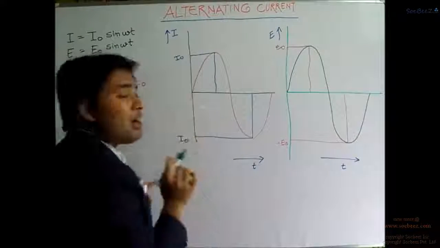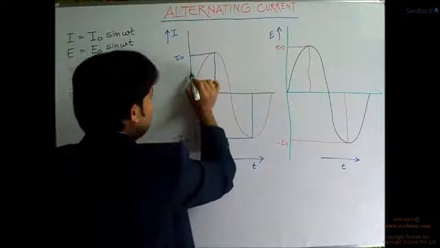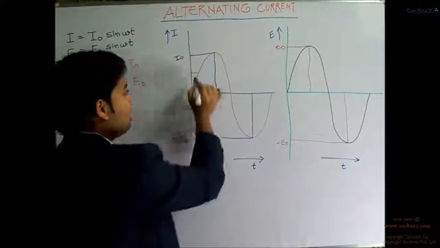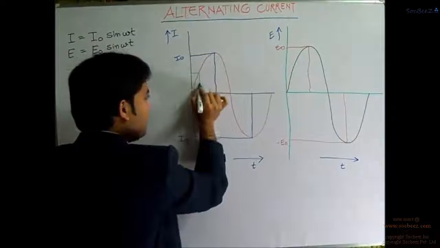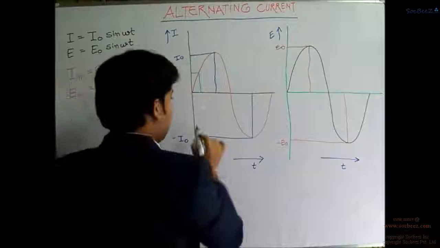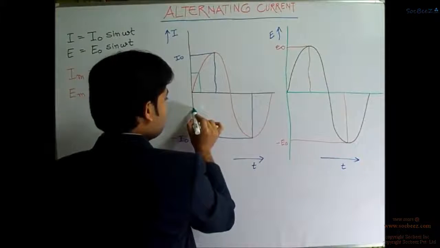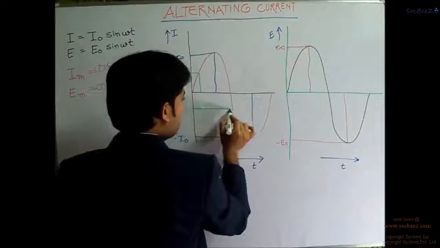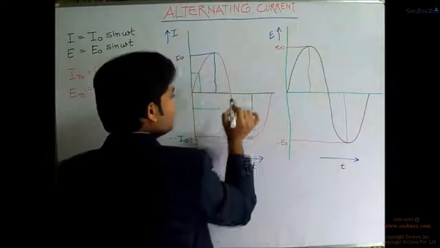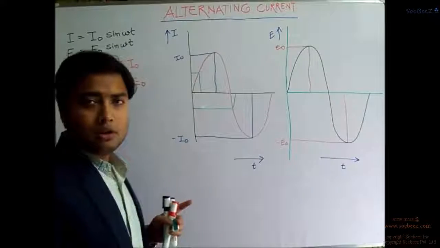the mean value 0.637, say for example it will be somewhere like this, right? This will be the corresponding time. Likewise, over here, and so this is the corresponding time.